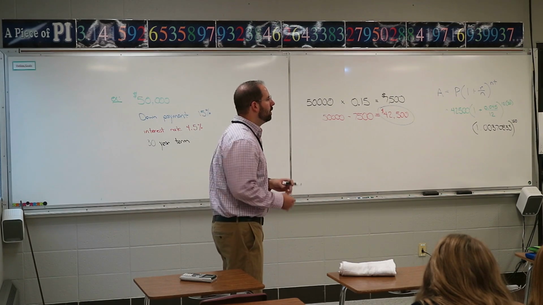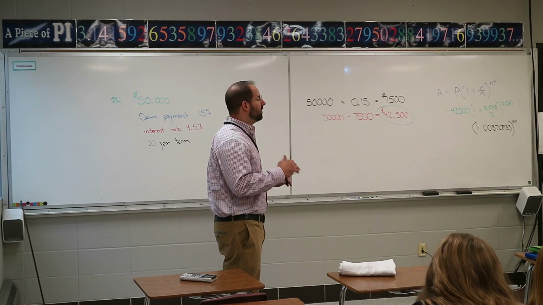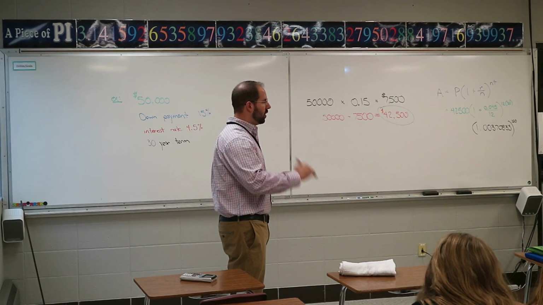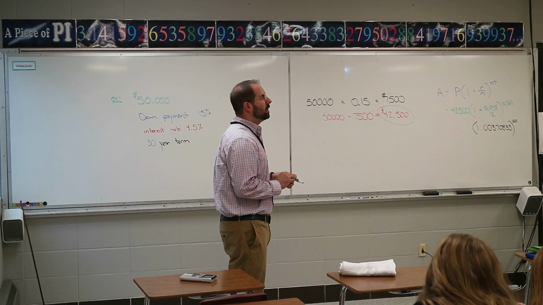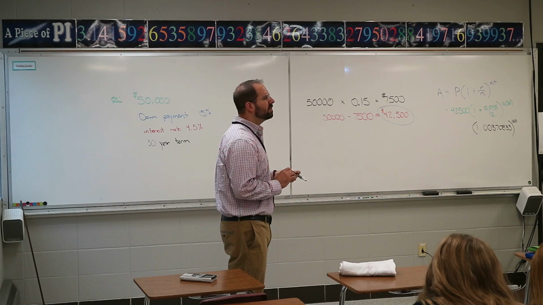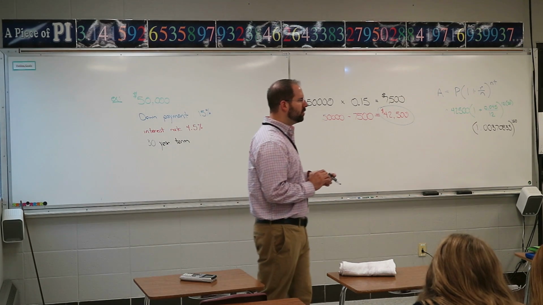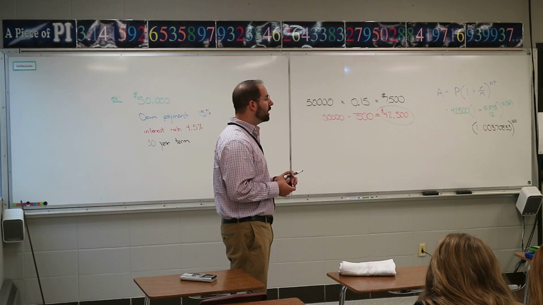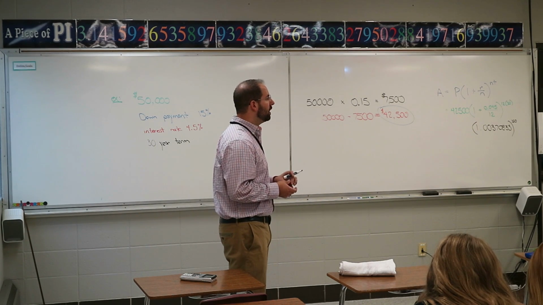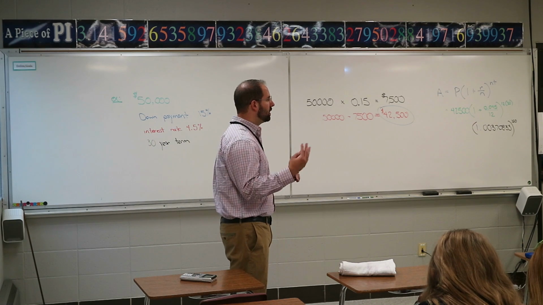Is the compound always going to be 12? Yeah, compound is always 12, especially on credit cards, student loans, home mortgages, it's always 12. I don't think I've ever seen a loan that they didn't compound monthly. I think there are some business loans, if you're going to start a business, where they compound quarterly. They charge you once every 3 months, so 4 times a year.